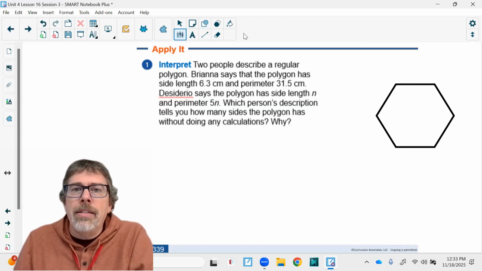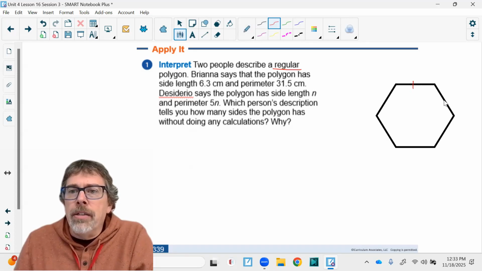That is a hexagon. The word regular means that all the sides are congruent, and therefore all the angles are also congruent. Whatever those side lengths are, they're all the same. So if this is 5, they're all 5, all the way around.